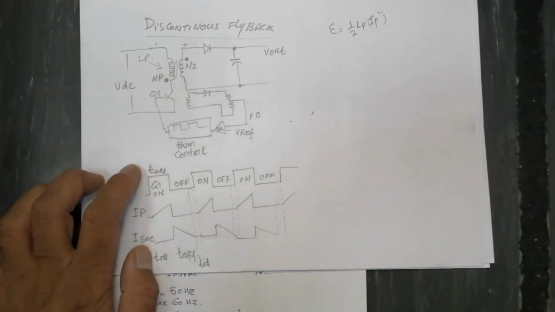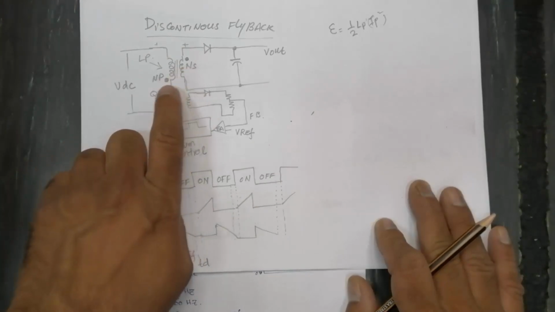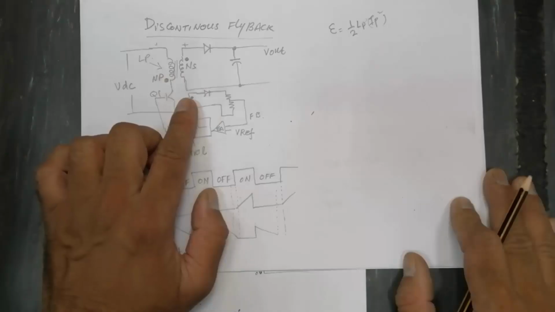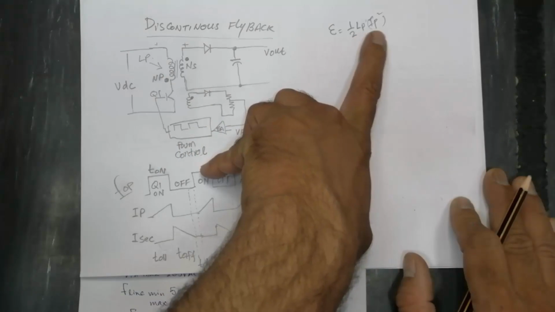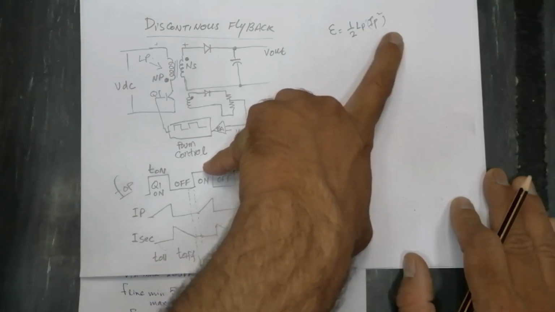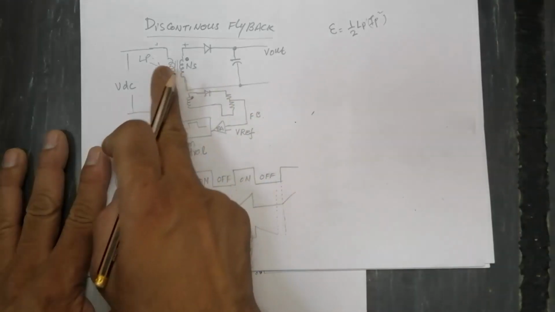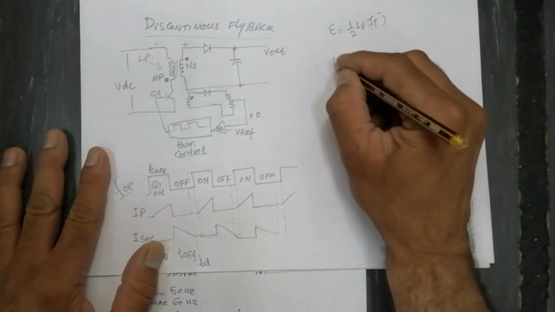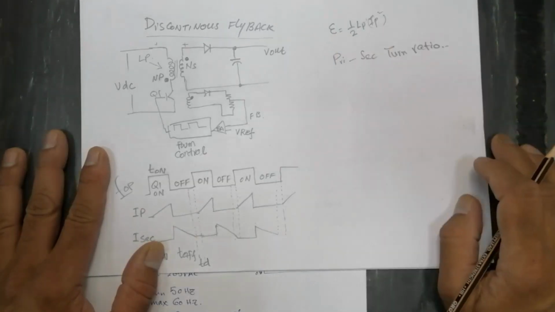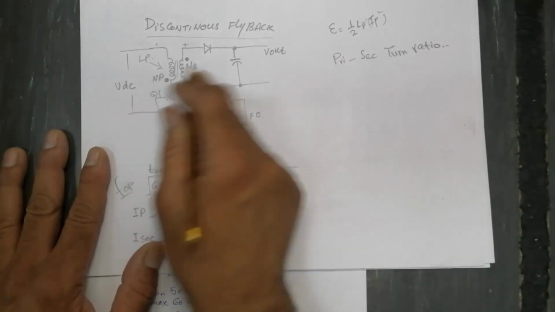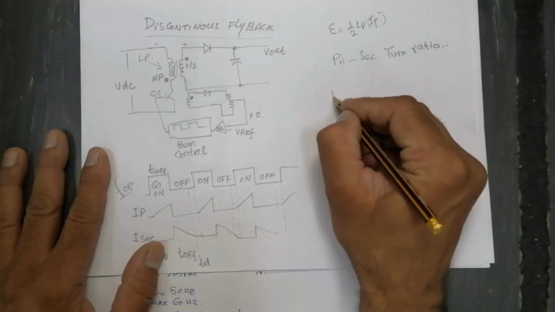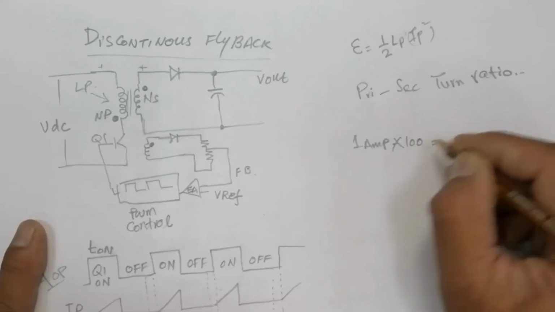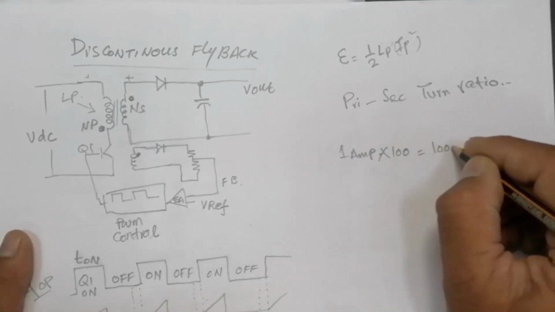Now we have to consider that when Q1 is on, this transformer will behave as an inductor. The energy is half L I squared, with L the primary inductance, and the amount of charge transferred to the secondary will follow the primary to secondary turn ratio. How? Suppose in the primary we flow 1 ampere and we have 100 turns, for example. So we have 100 ampere turns.